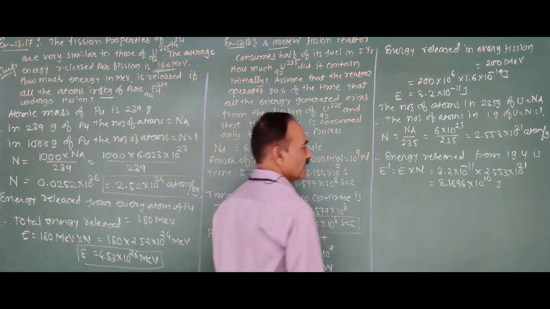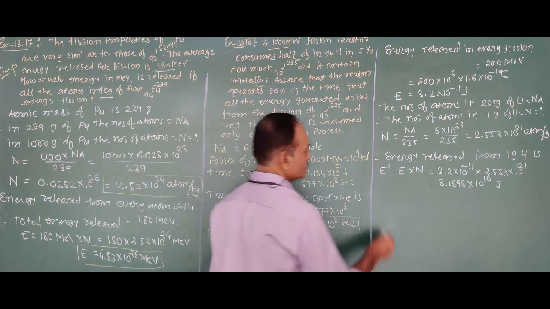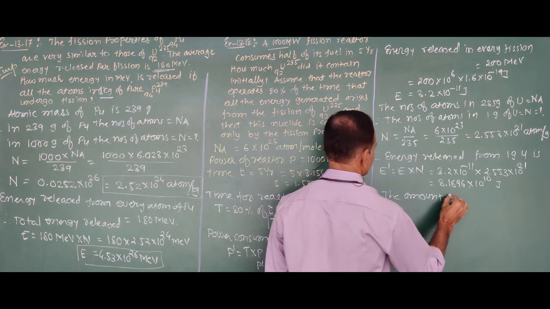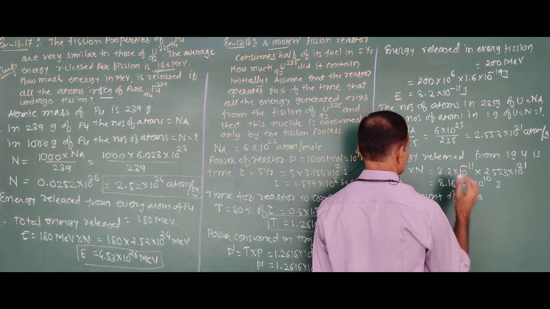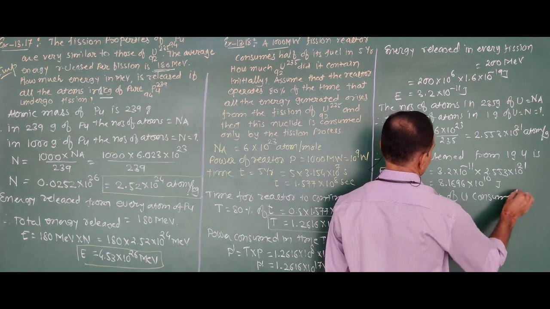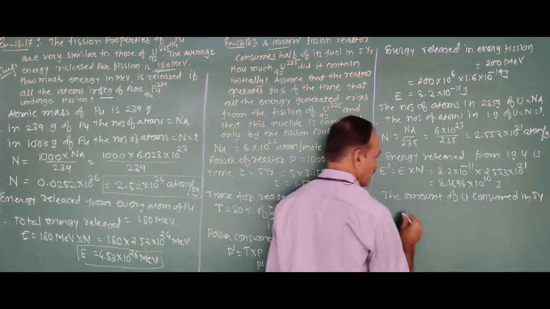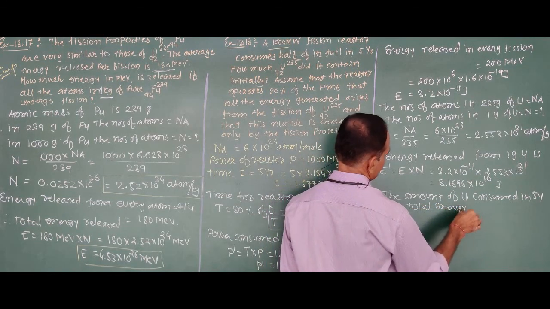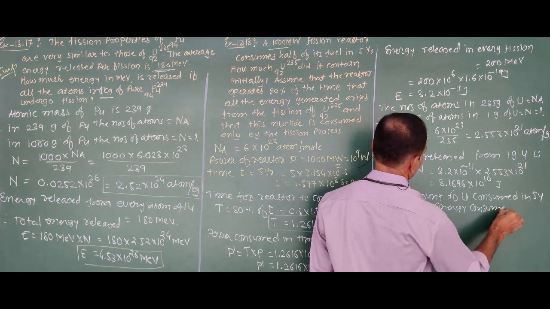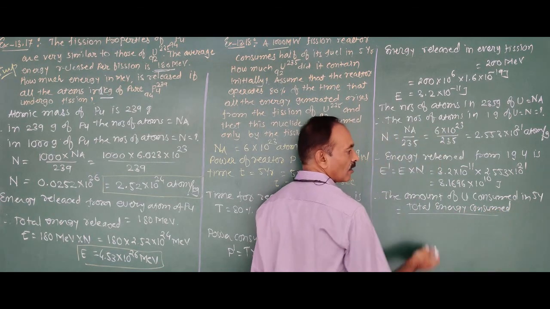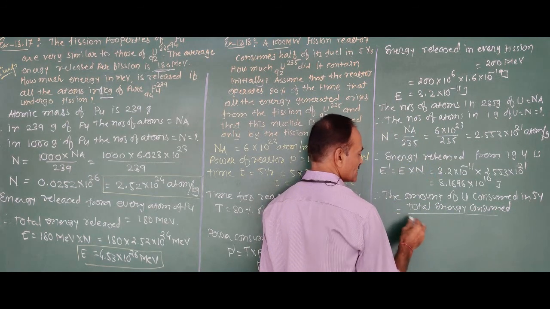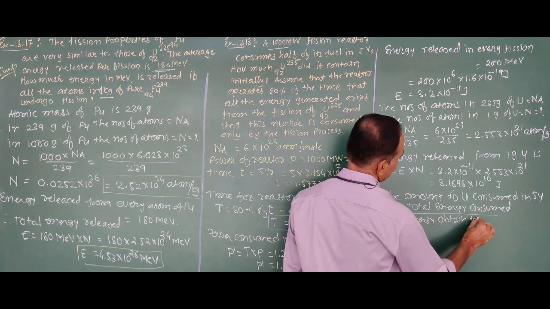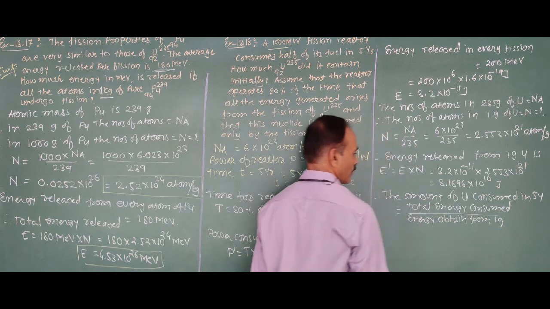Right? Therefore, the amount of uranium consumed in 5 years is equal to total energy consumed upon energy obtained from 1 gram.